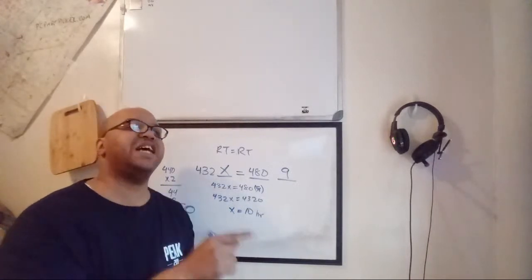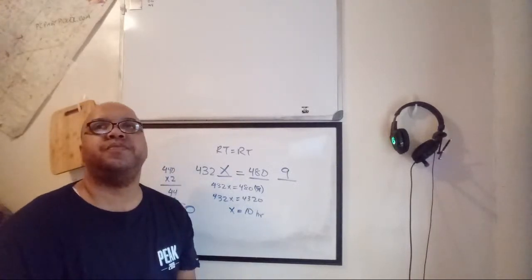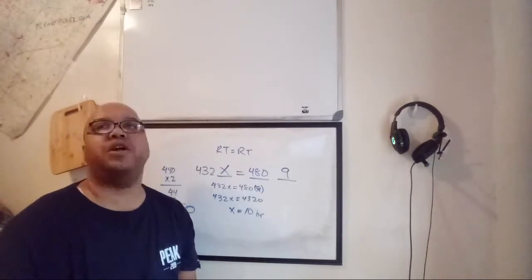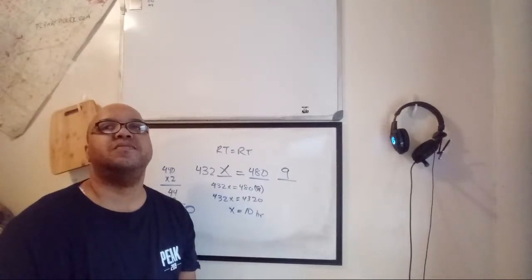Now, what information is going where? The 432 would go on the left-hand side under rate. Check. And the 480 miles per hour would go under the right-hand side under rate. Outstanding.